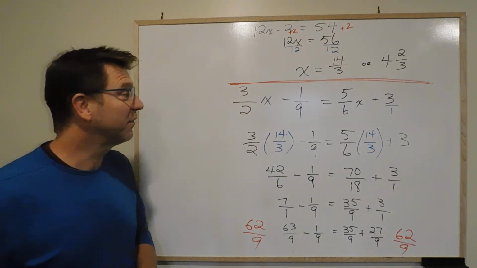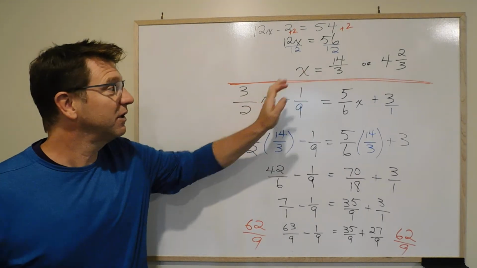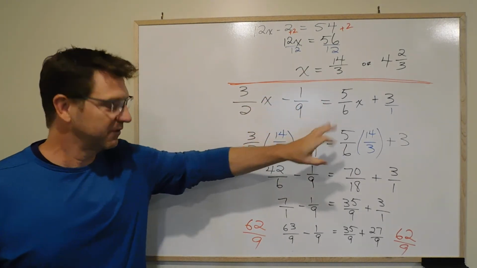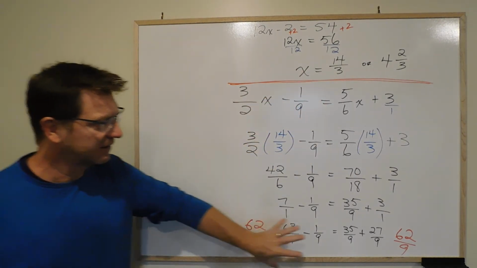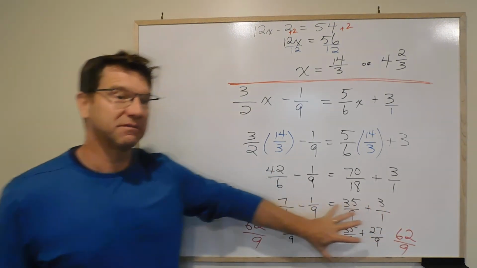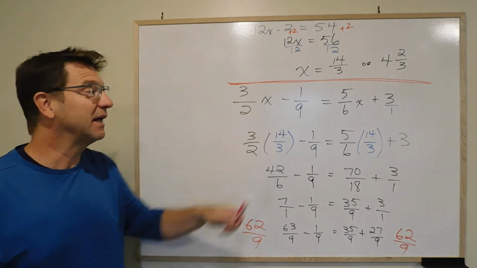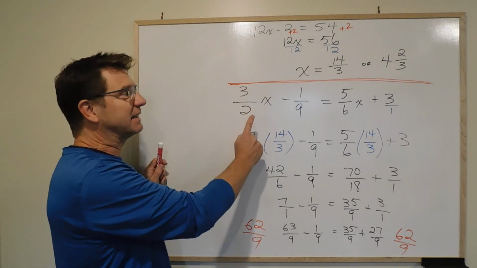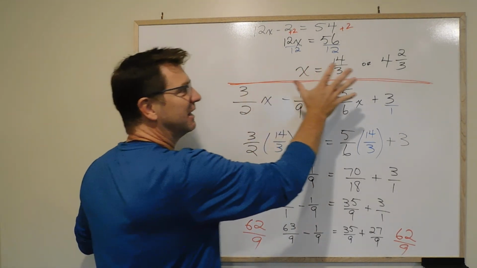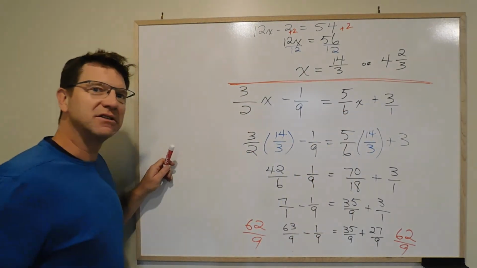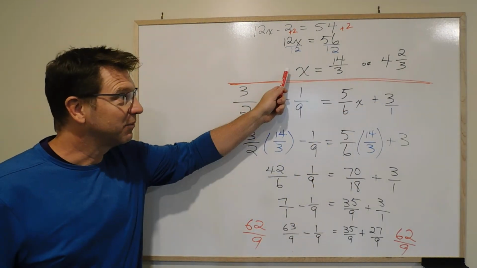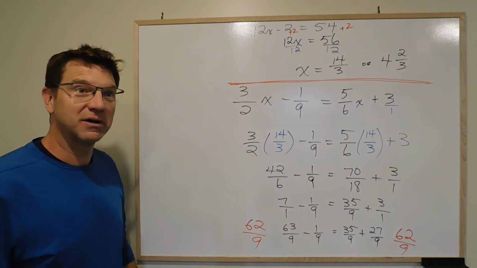And what we have shown is that if I put 14 over 3 in for the x values, both sides are 62 over 9. Both sides. And what that means is 14 over 3 is the value of x that will make this side equal to this side. And solving the equation means we have the answer that works.